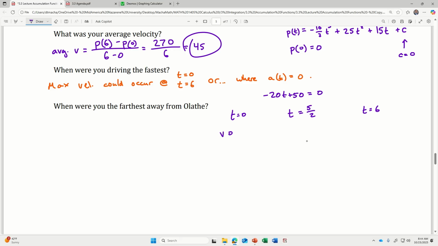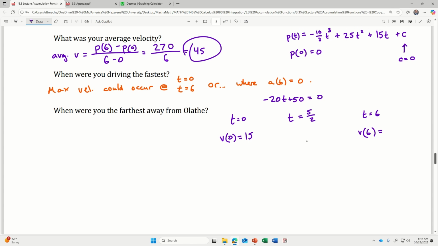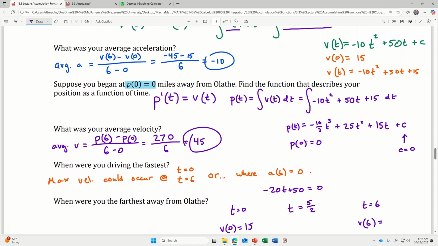So what's the velocity at t equals 0? That's actually given to us in our problem statement. Our problem statement said we started off driving 15 miles an hour. What's the velocity at t equals 6? That's right, we found that earlier, and that was negative 45.